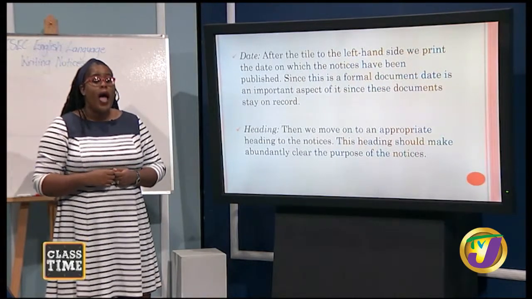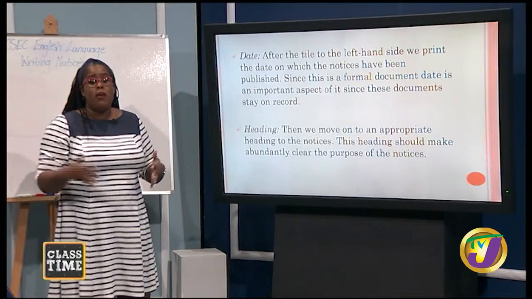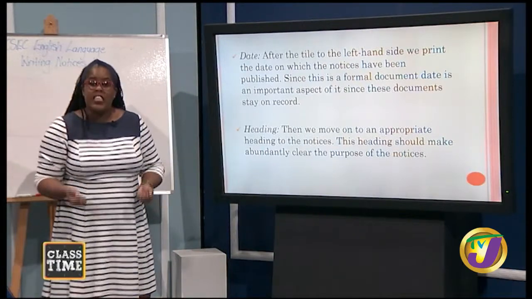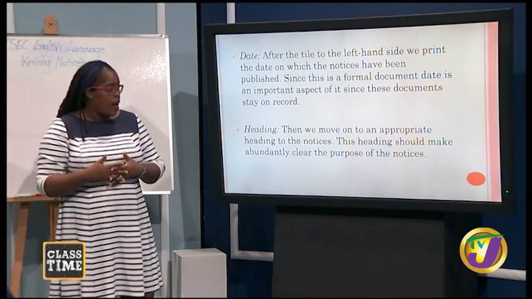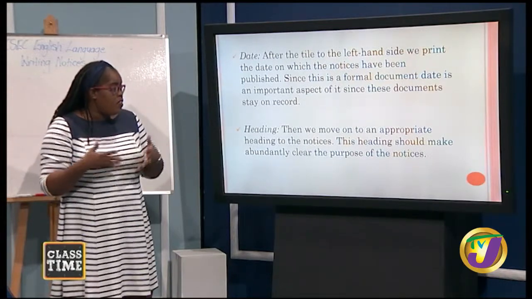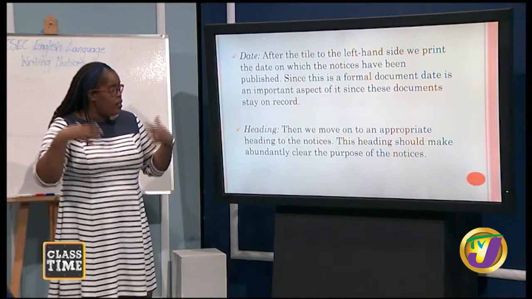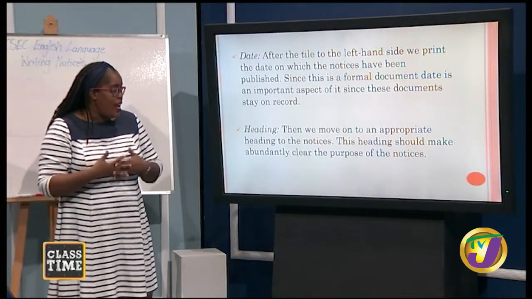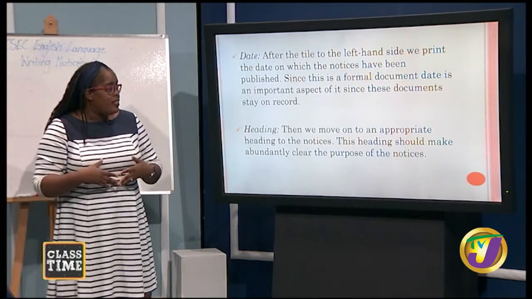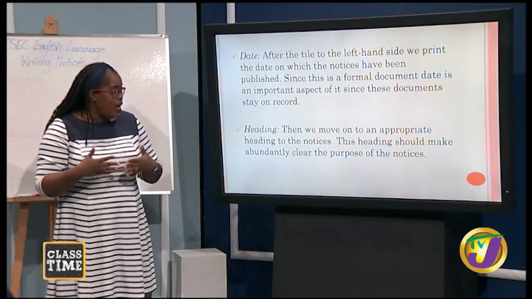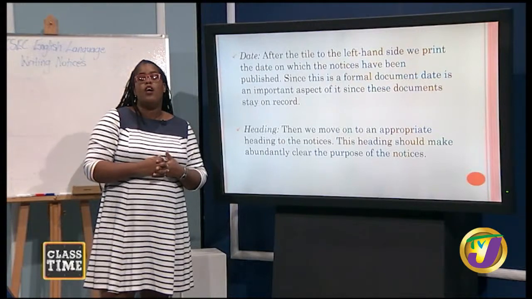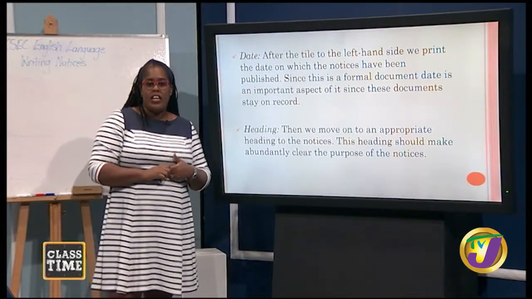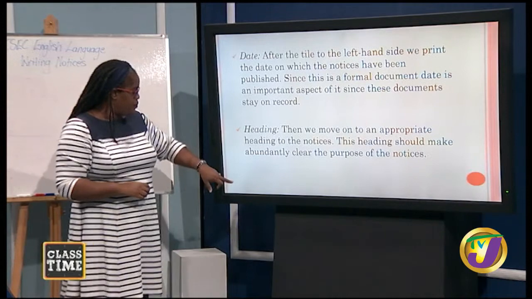So then and there, I know that maybe it is coming from a government entity. So the title is there, public notice. The heading is very, very important. So we need to take these things into consideration.